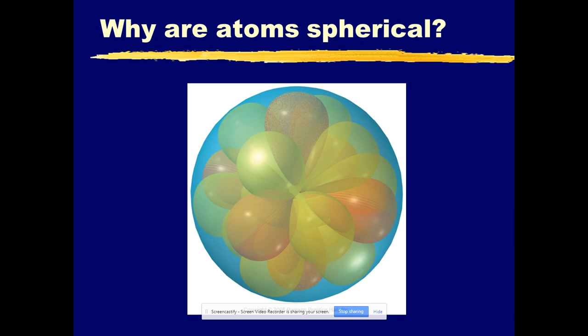One question that sometimes comes up is, with all these orbitals, why do atoms seem somewhat spherical in the way they behave? And the reason is all of these orbitals are piled in on top of each other. So you can imagine all these little orbitals. This helps us understand what this looks like. But if you were to trace a line around all of it, a 3-dimensional boundary, it does appear somewhat spherical.